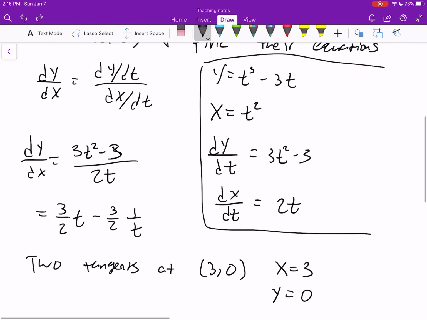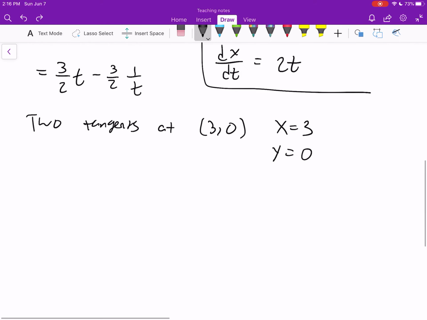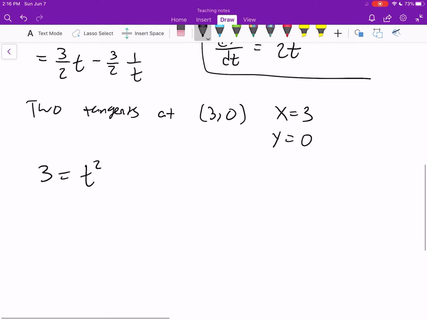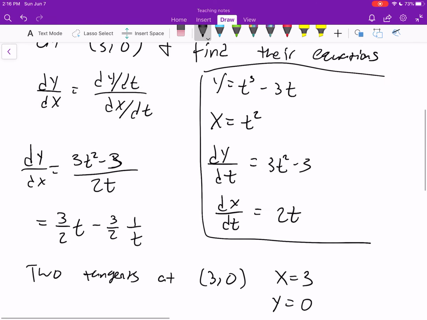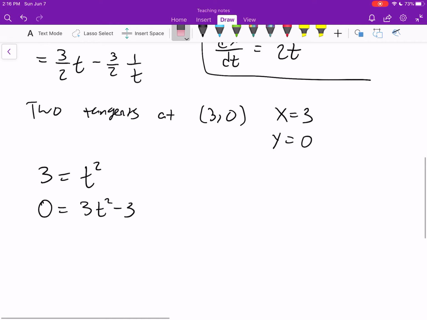Because x is equal to 3 and x is equal to t squared, I set up 3 is equal to t squared. And then y is equal to 0, and the equation for y is t cubed minus 3t.